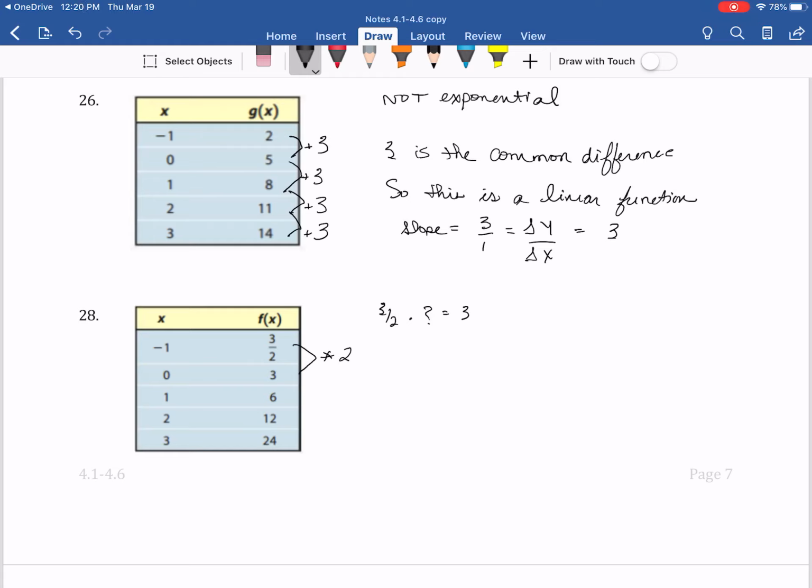So to go from 3 halves to 3, you multiply by 2. To go from 3 to 6, you multiply by 2. To go from 6 to 12, you multiply by 2. From 12 to 24, we multiply by 2. And so in this situation, 2 represents the common ratio.